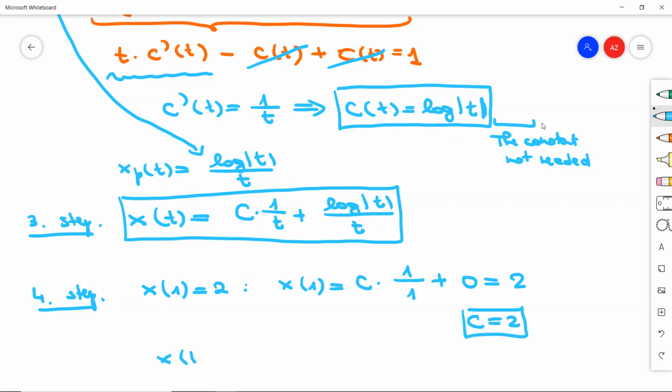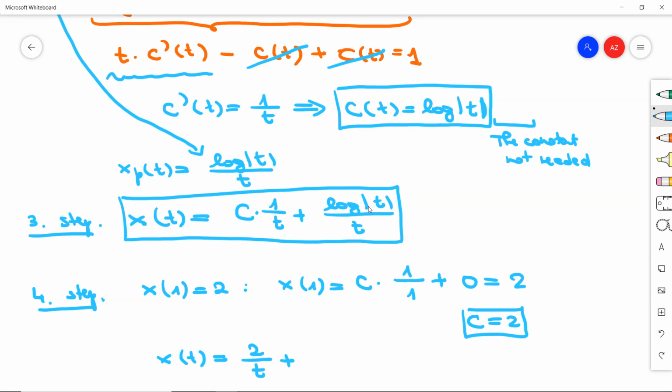So x of t is equal to 2 over t plus, and now it remains to determine whether we take absolute value of t or t. If we are on the negative side of the t-axis, so t is a parameter, if you study t's which are negative, then we will take logarithm of minus t.